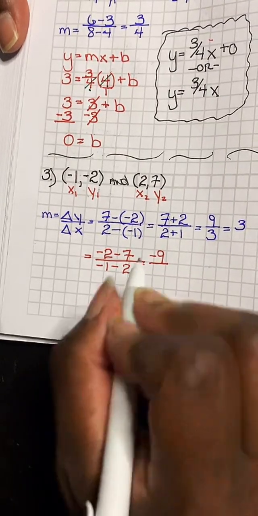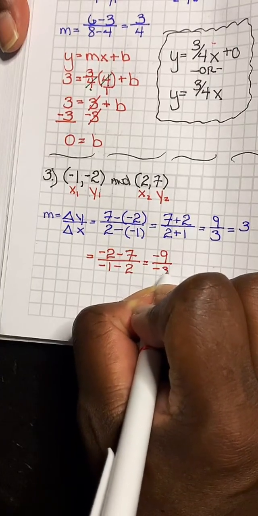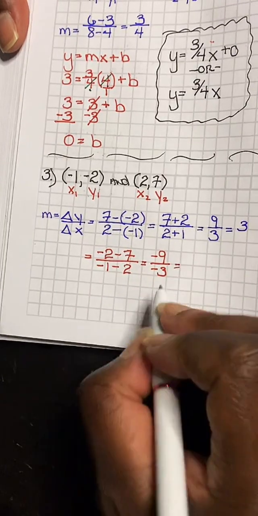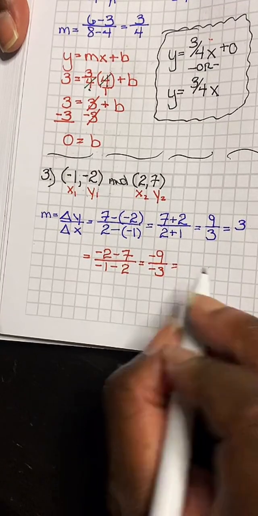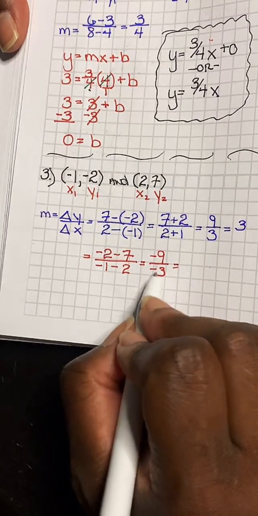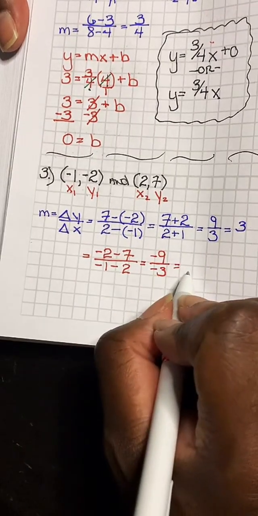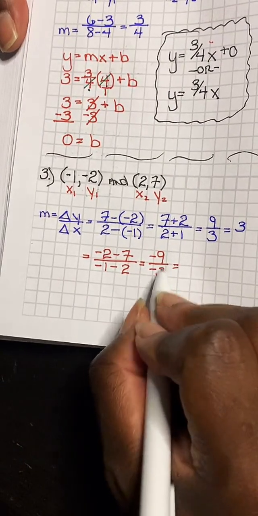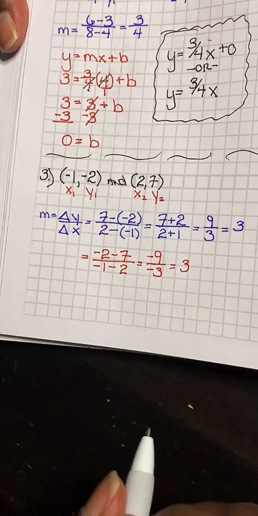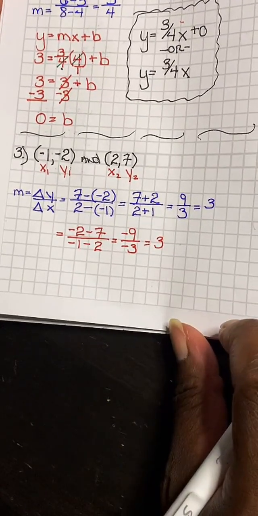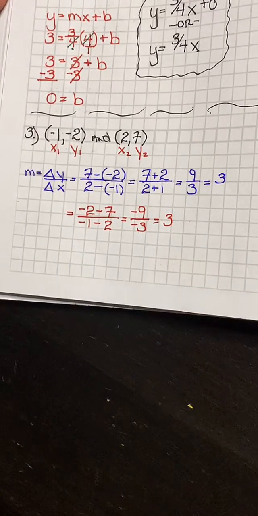And negative 1 minus 2 gives you a negative 3. So a negative divided by a negative will give you a positive, because when the signs are the same, your answer is always going to be positive. And then 9 divided by 3 gives us 3. So you're going to get the same slope regardless.